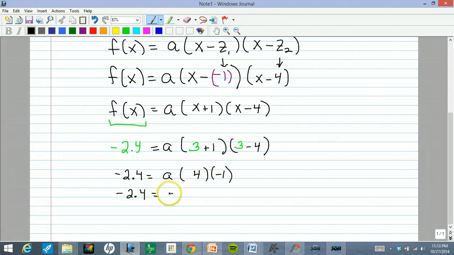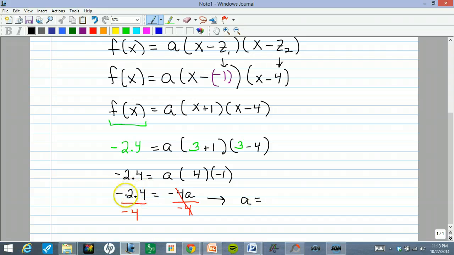Four times negative 1 is negative 4 times a. And undo the multiplication with some division. Not too bad. Here we are. Our a value is negative divided by negative, which is positive.